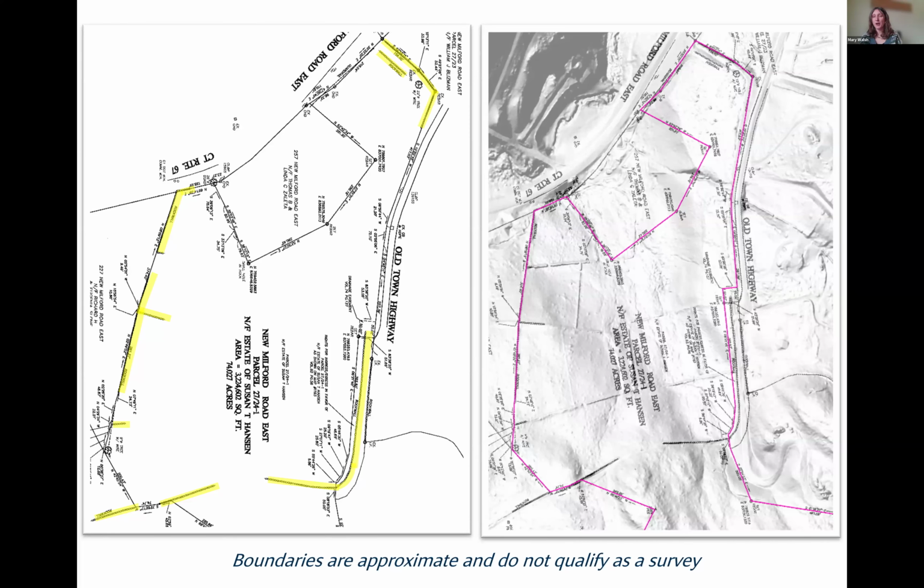This is approximate, but I found that it gets pretty close. I was able to use these boundaries, and I went out with the landowner, and a stone mound in the middle of the property was called out on the survey, and we found it exactly where we thought it was. So it's a pretty good starting point.